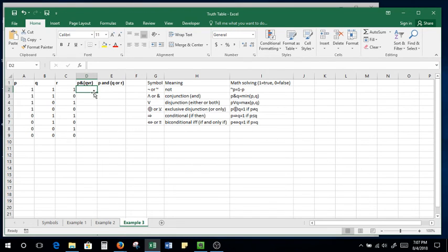Okay, so we have P and Q or R. And this is not the exclusive or, this is the either or both. So make sure you recall that. So let's write out what we're trying to say here.